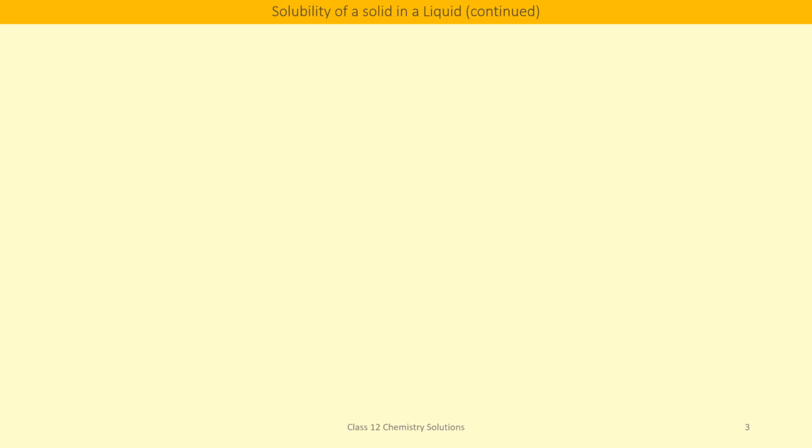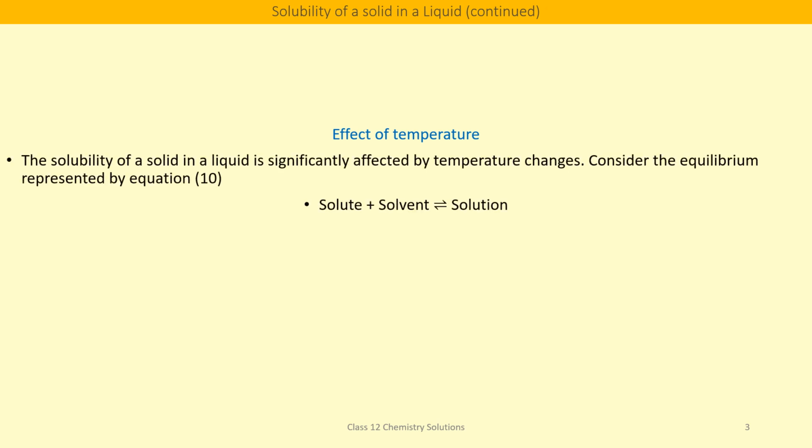We'll continue our discussions regarding solubility of a solid in a liquid. As I said earlier, the solubility of a solid in a liquid depends on the nature of solute and solvent, and it also depends on the temperature of the solution. So, the solubility is significantly affected by temperature changes.